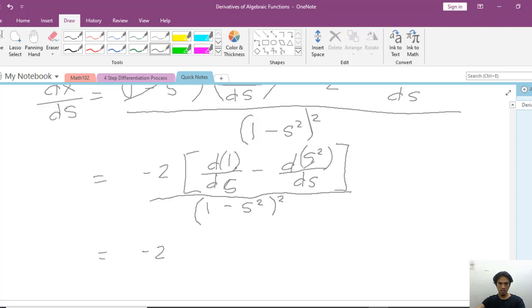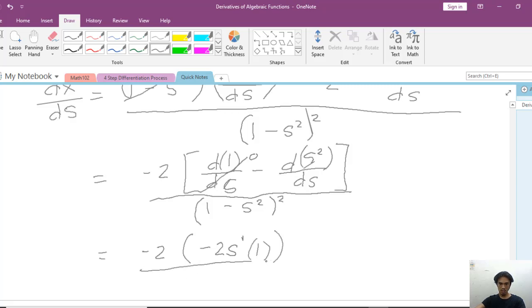Continuing, we have negative 2. Derivative of a constant with respect to a variable s is 0. So this should be multiplied by negative. So this exponent, bring down the exponent to copy the base s raised to 1, and the derivative of the base s with respect to s is equal to 1, simply 1.